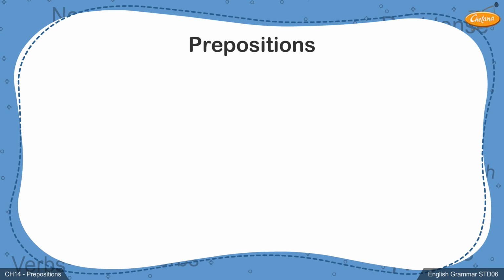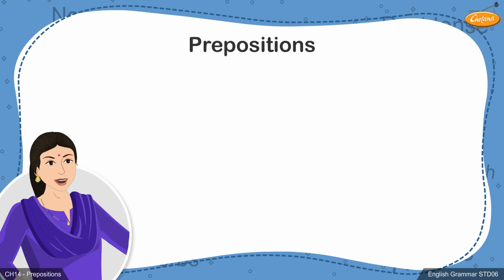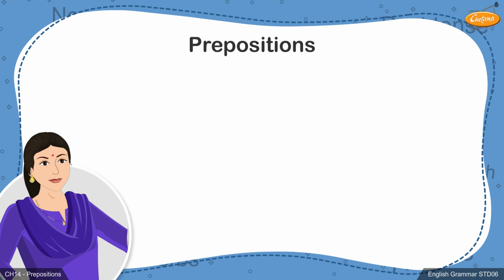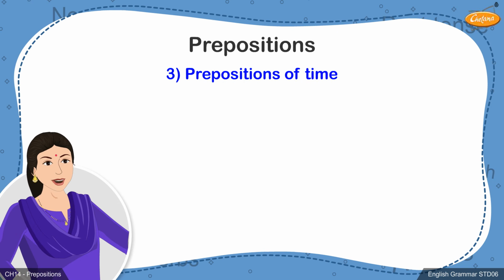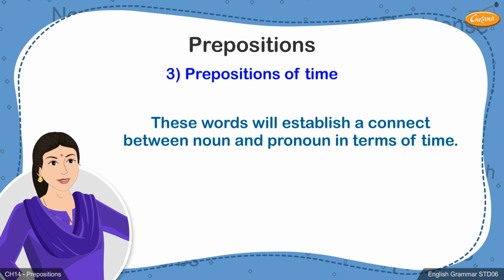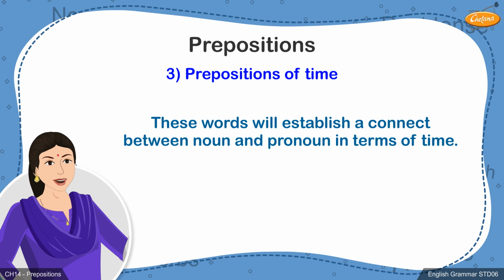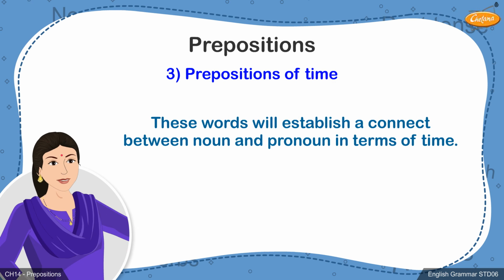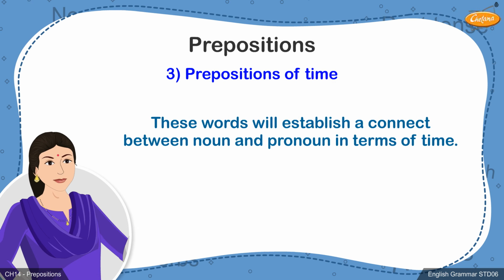The third type of preposition you will be learning about is preposition of time. As suggested in the name itself, these words will establish a connection between noun and pronoun in terms of time.